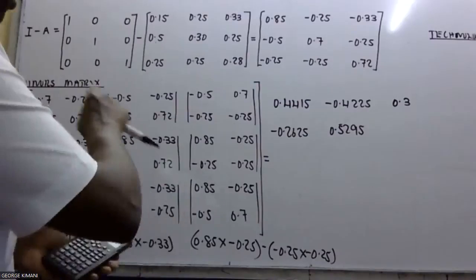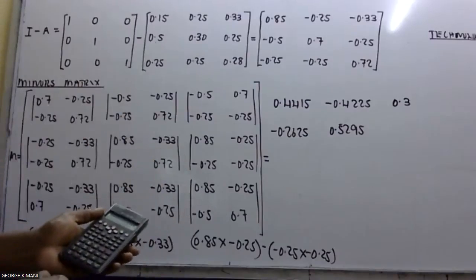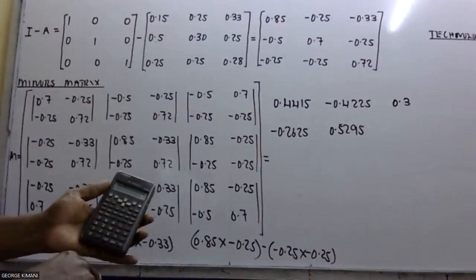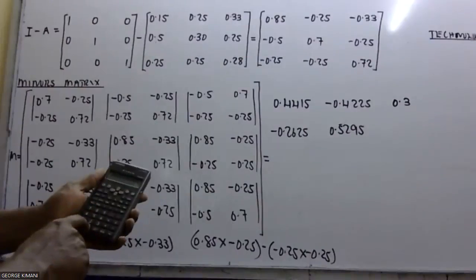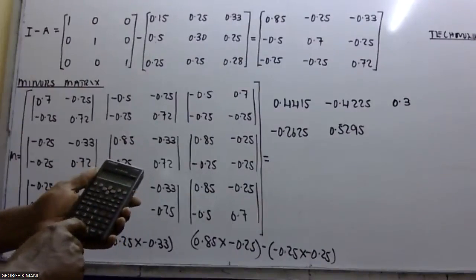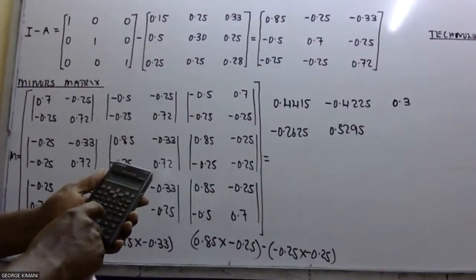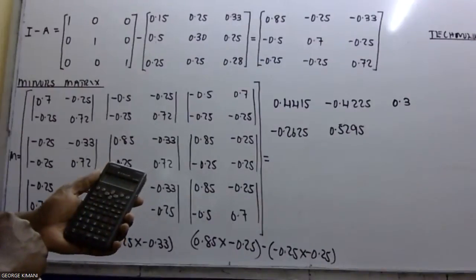Which one do you want? The 23 with brackets? We can put in brackets. So look at the brackets. Open the brackets, 0.85 times minus 0.25, close the brackets.